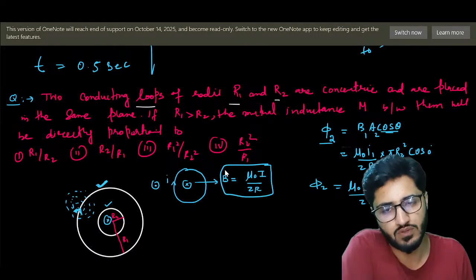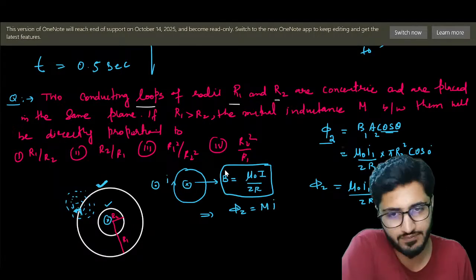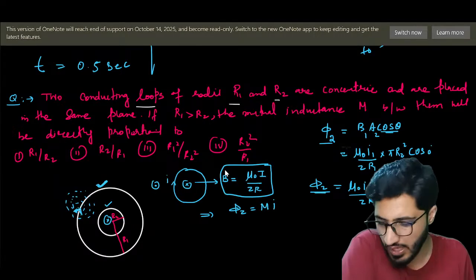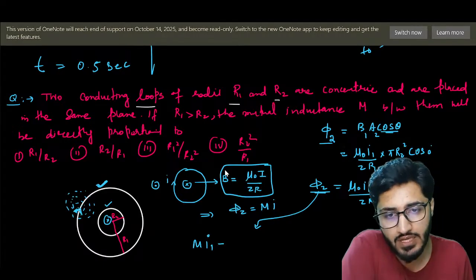One more thing that we know, phi 2 is equal to M times I1. So instead of phi 2, I will write M times I1 equals mu naught I1 pi R2 square divided by 2 times R1.